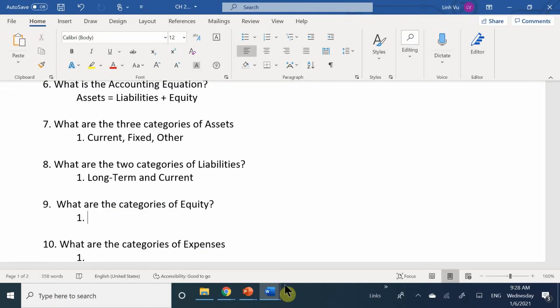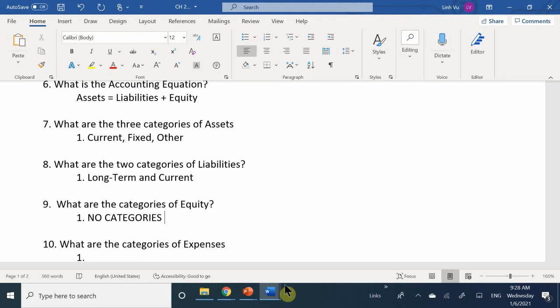What are the categories of equity? Capital and drawing. No, no categories. No categories. Ah, see, I knew it. No categories, okay? Make sure you remember this because I will quiz you on this and I will test you on this.